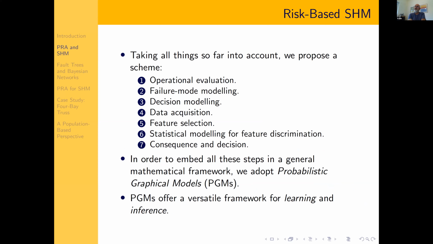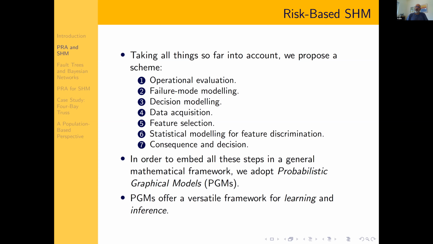And the changes that we're going to make is that we're going to pull out of operational evaluation and formalize the failure mode modeling. And we're going to formalize the decision modeling, because that's going to fit into the process as an integral part of it. And then we're finally going to need consequence and decision in there. And these decisions are going to be based on risk.